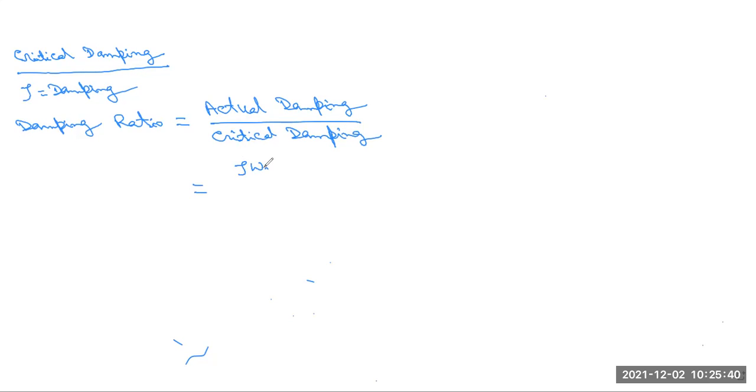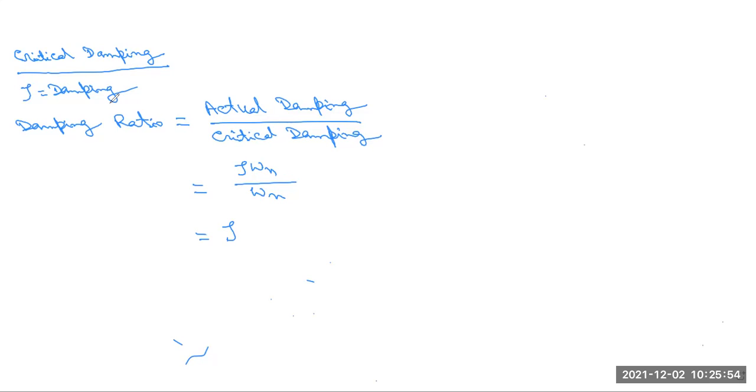The damping ratio is the ratio between the actual damping to the critical damping. We express this as zeta omega n by omega n. So the factor that remains is only zeta. This zeta is called the damping factor.